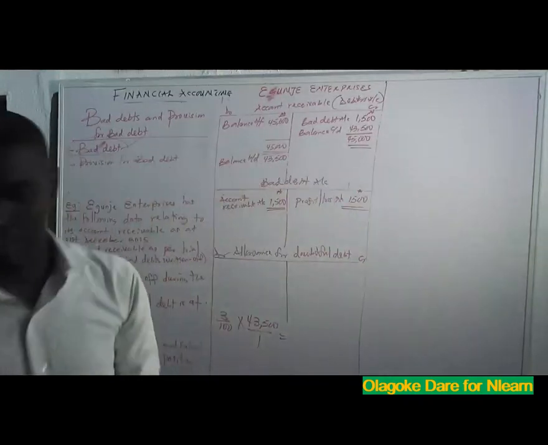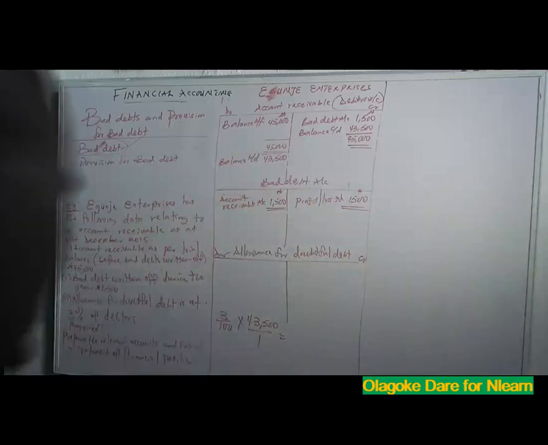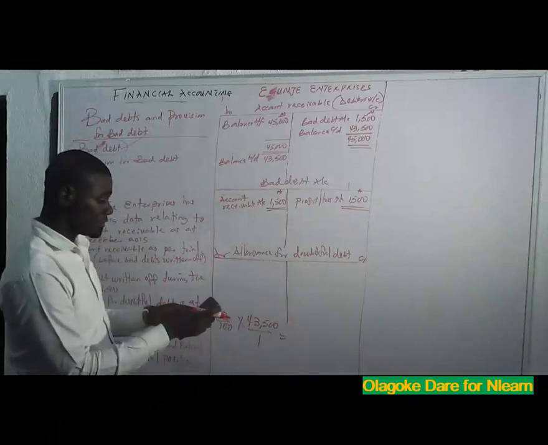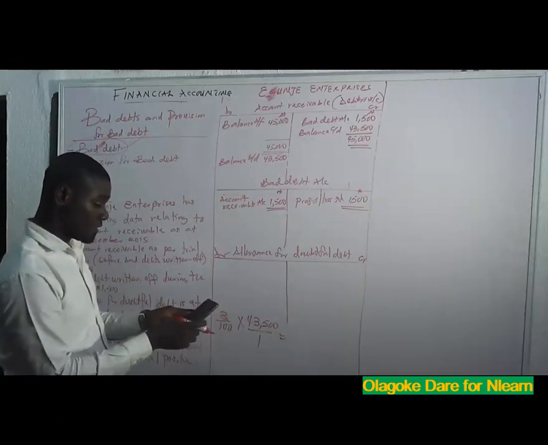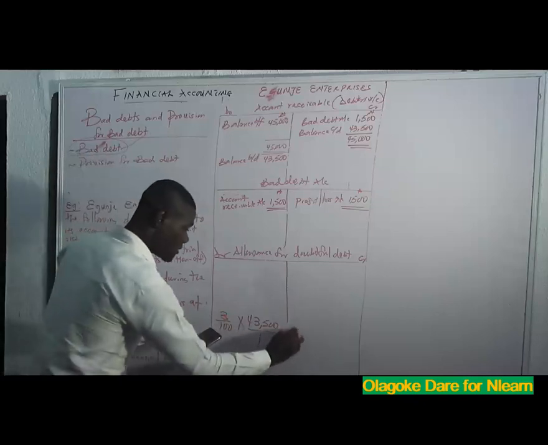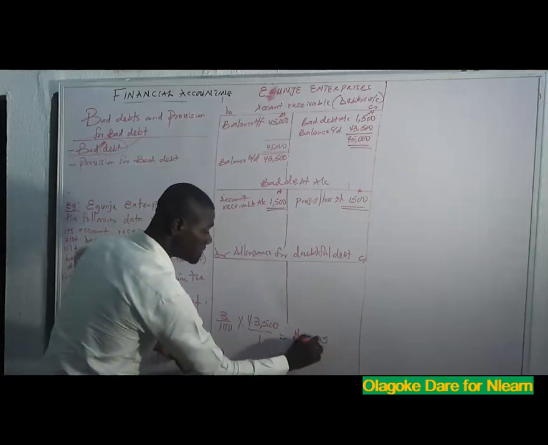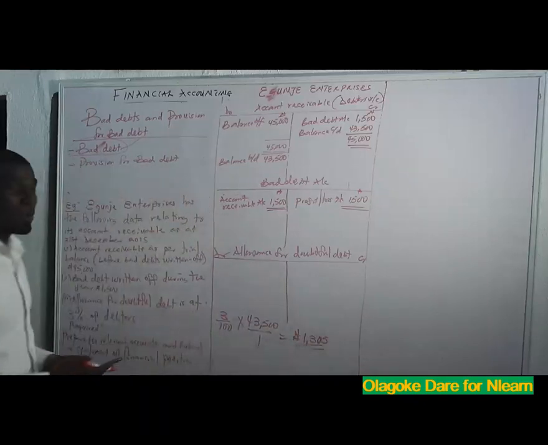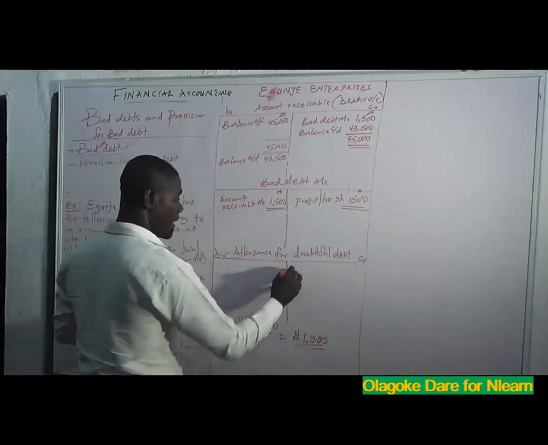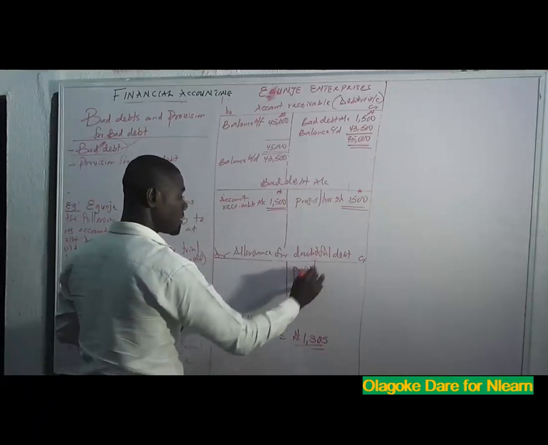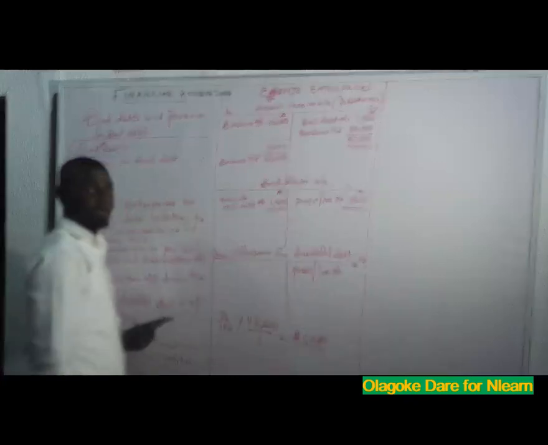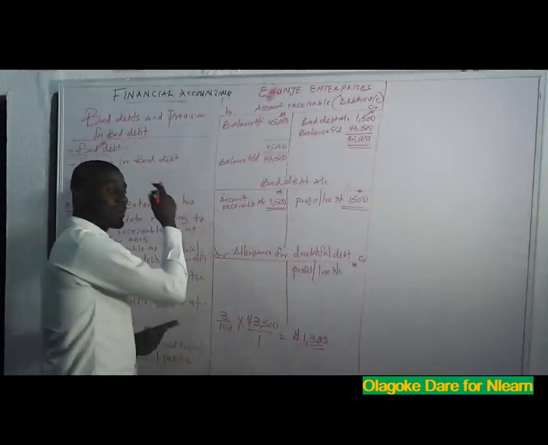Doing that quickly, we have 3% of 43,500. We have 1,305. So what are we going to have here? What we're going to have here is our profit or loss account, because from here we'll post it to our profit or loss account.